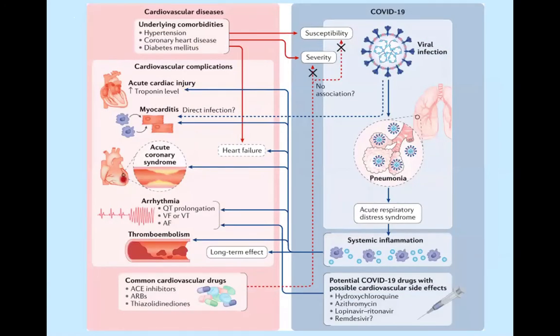In terms of the cardiovascular system, we recognize that some of the underlying comorbidities that increase the propensity to develop COVID, so hypertension and diabetes mellitus, will also have an impact on the cardiovascular system. But these patients develop a viral infection, they get the pneumonia, they get an inflammatory response that then has an impact on thrombosis.